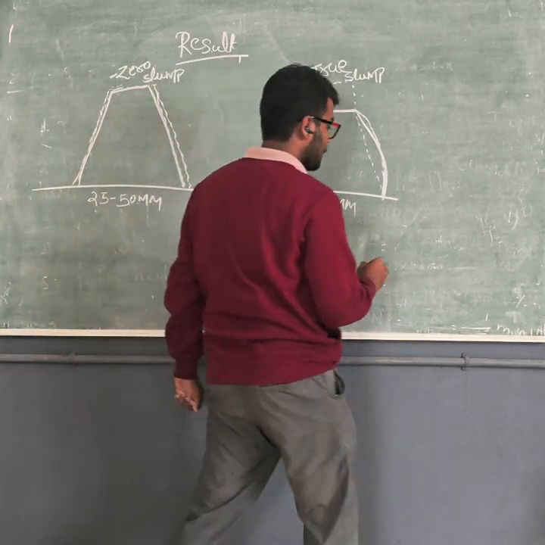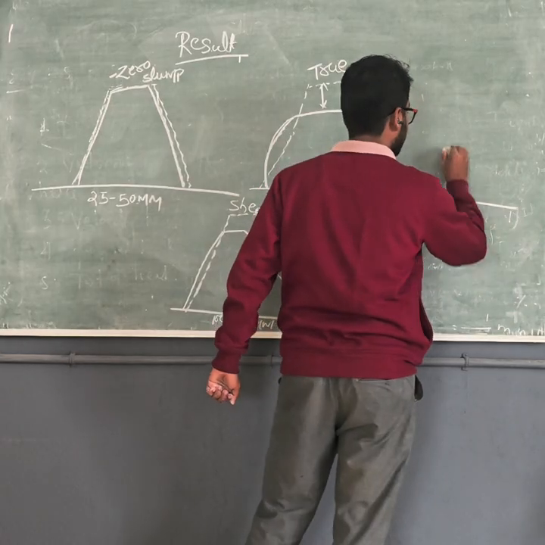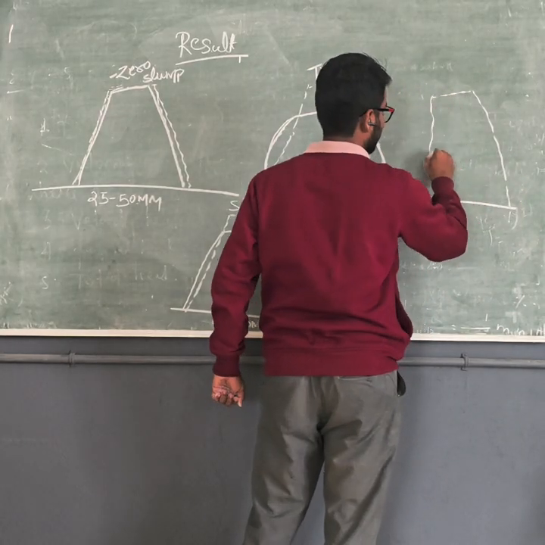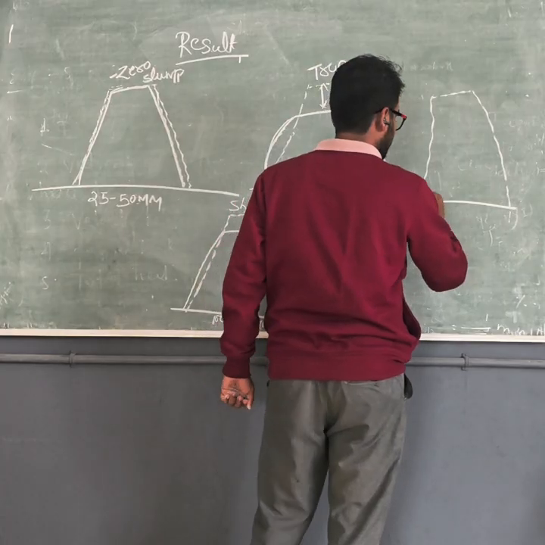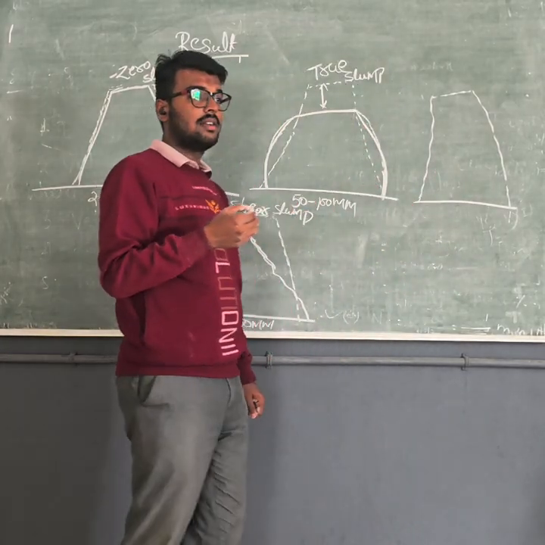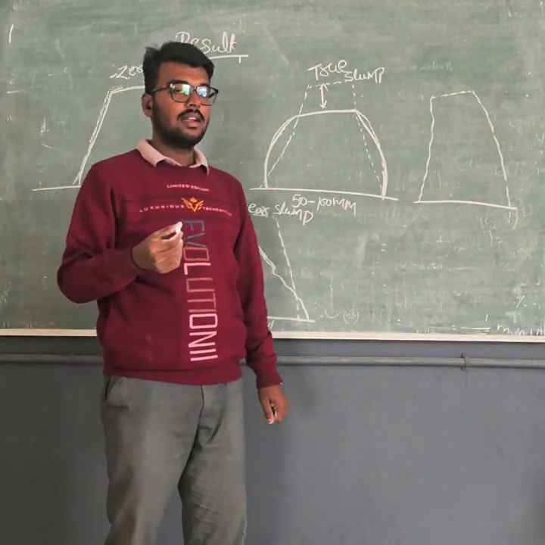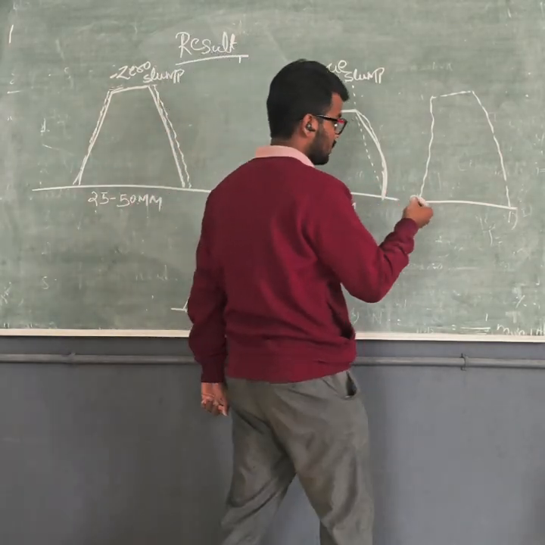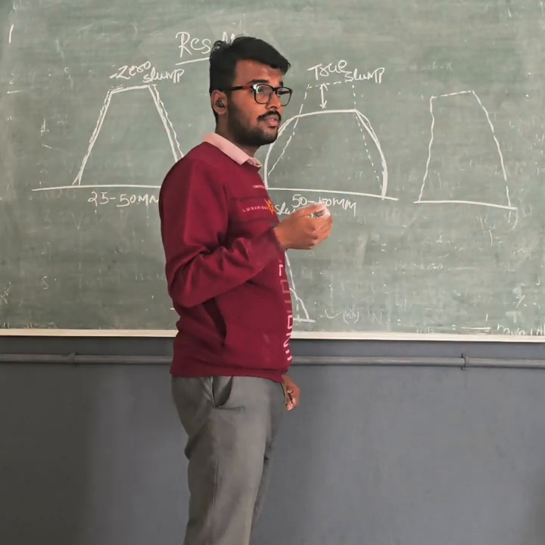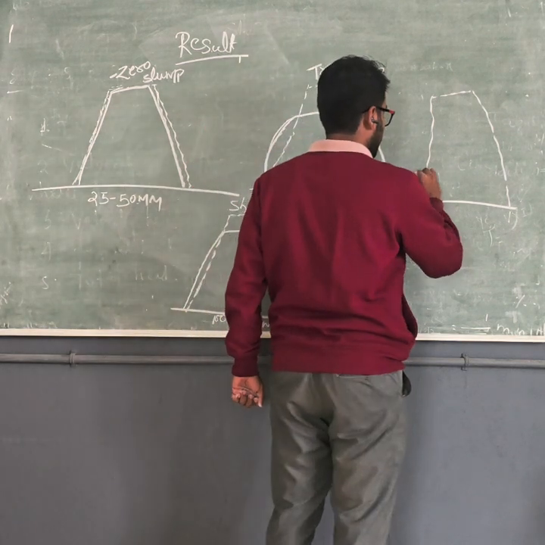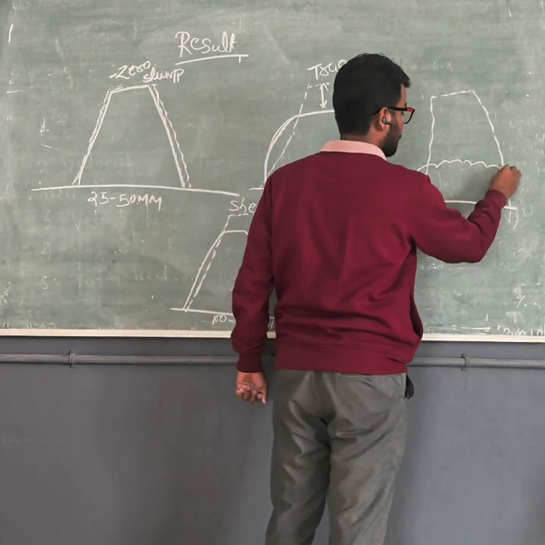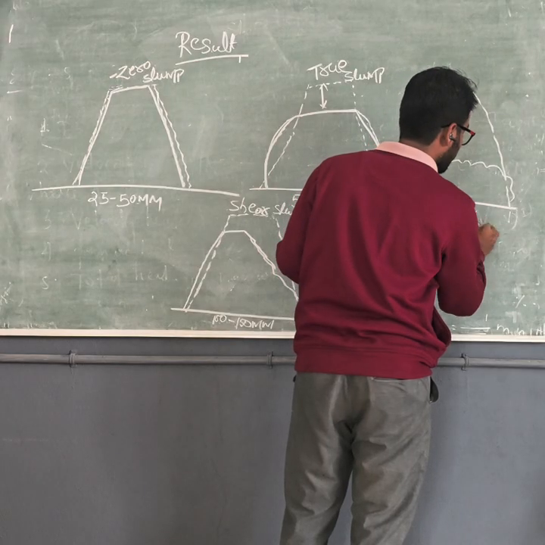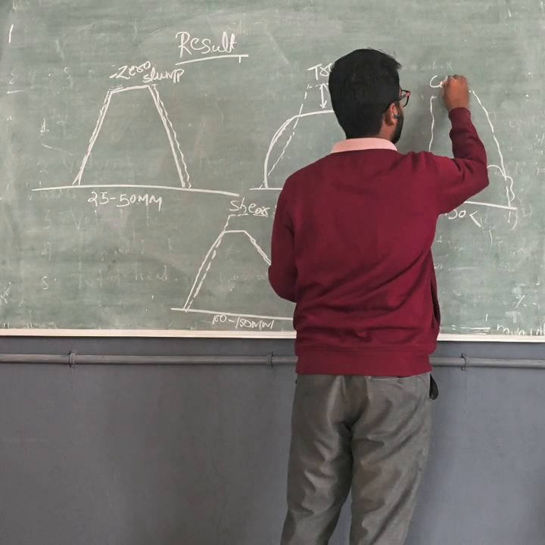And lastly, there is the concept of collapse slump, where the water content, the water cement ratio, is too high, so the specimen of the concrete collapses after demolding. The value varies from 150 and more, and this is known as collapse slump.